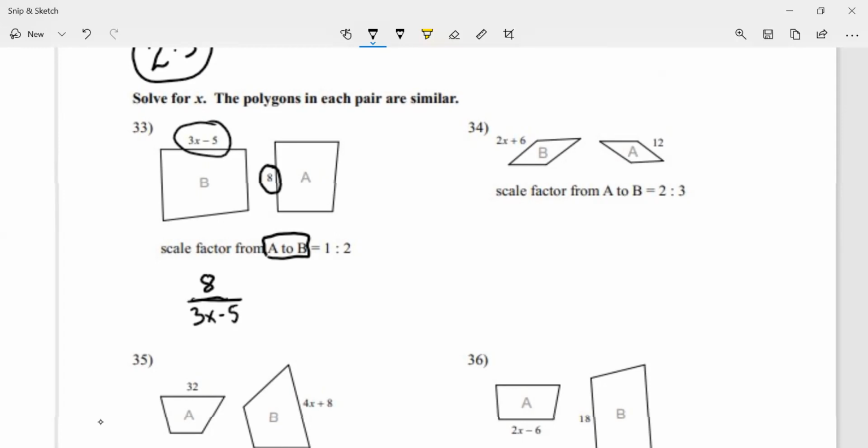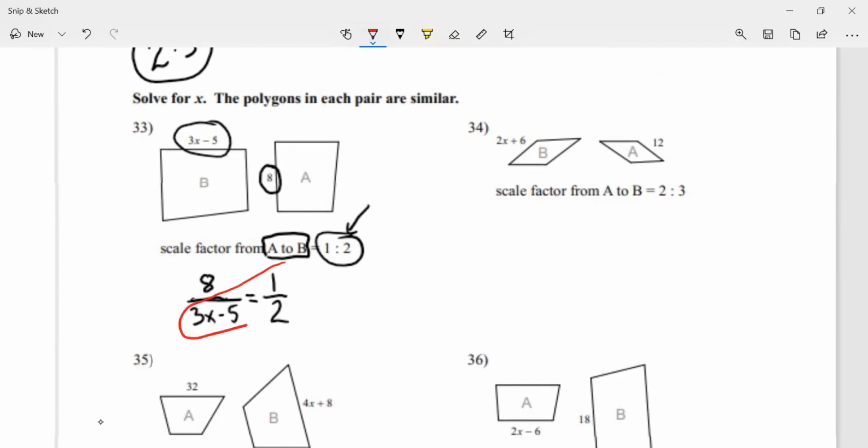In order for me to solve for x, I'm going to let this equal, because my scale factor from A to B is 1 to 2, we can see that here, 1 over 2. Now I can just cross multiply.